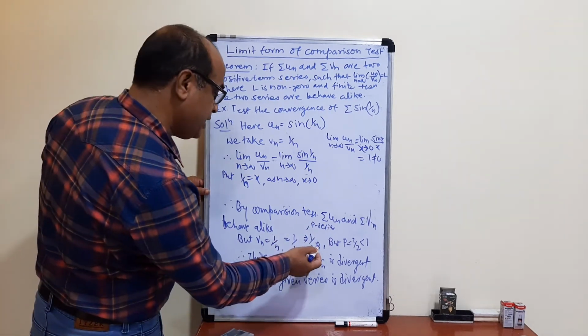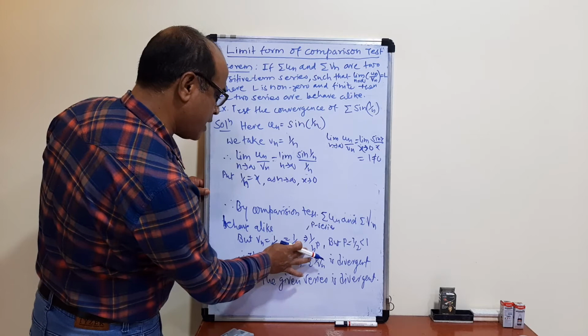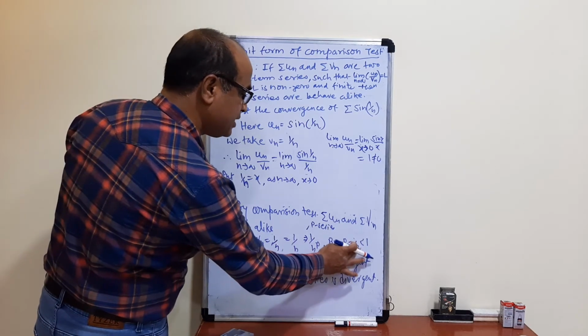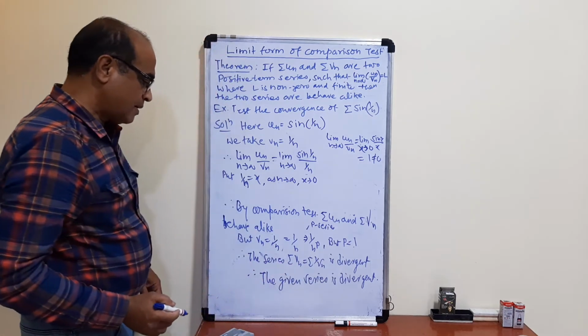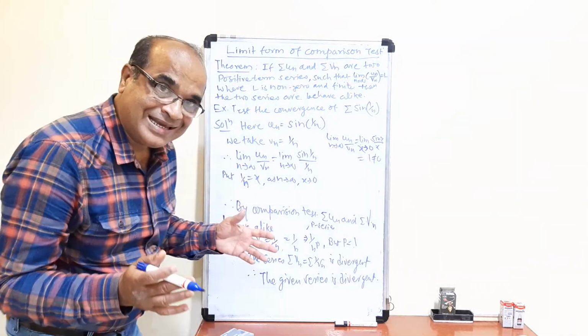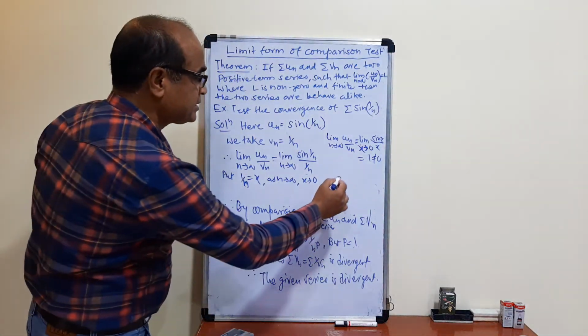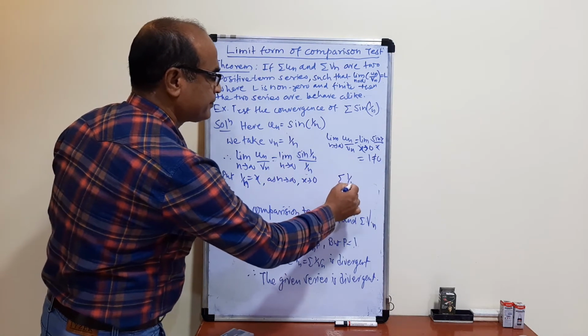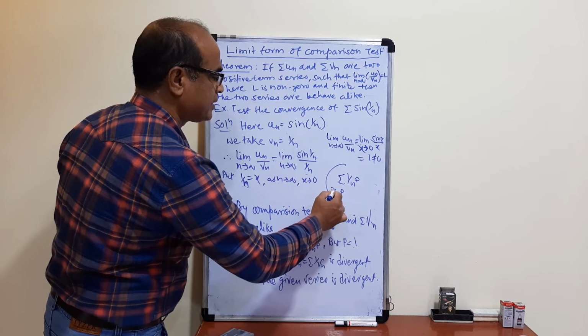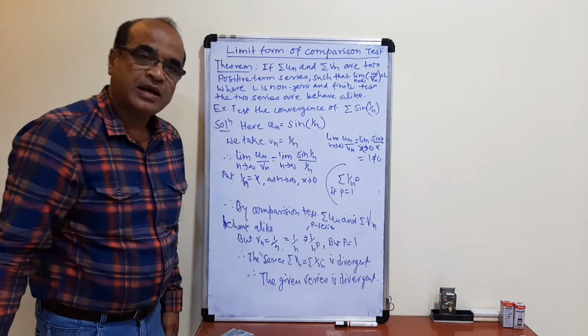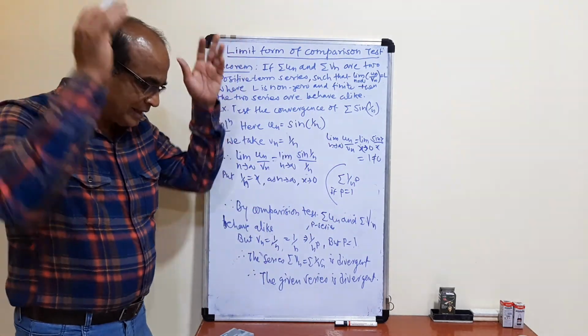But what is p? P is 1. So what is a p series? In a p series, if p is equal to 1, then the series is divergent.